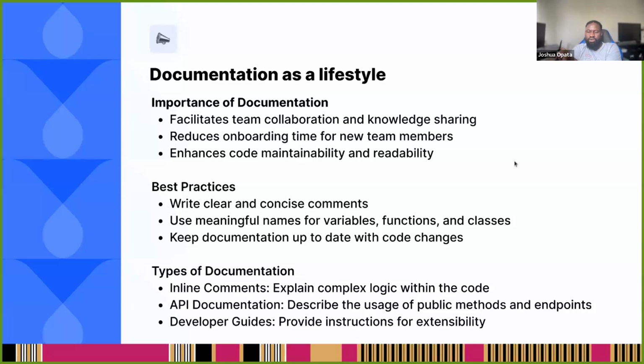I do that on particular complex logics that are difficult even for myself to remember after a month or three when coming back to it. So it's very important to mix up these tools and have these links across your code, so that your code itself is not filled with a whole list of comments. No, it's just filled with links to actual explanations and diagrams that explain the process flow of this complex logic. So that's it.